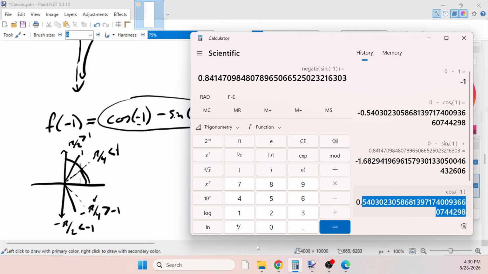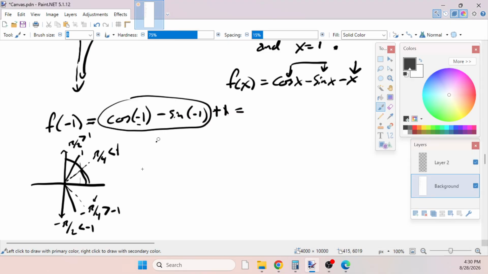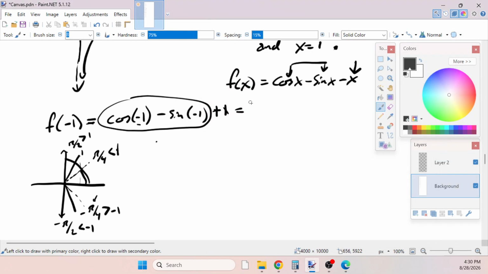We add this. 1.68 seems a little big, but I think that's what the calculator said. I'm not going to second guess that. So we have f of negative 1 equals 1.68. We're going to add 1 to that and get 2.68, which is definitely above 2.